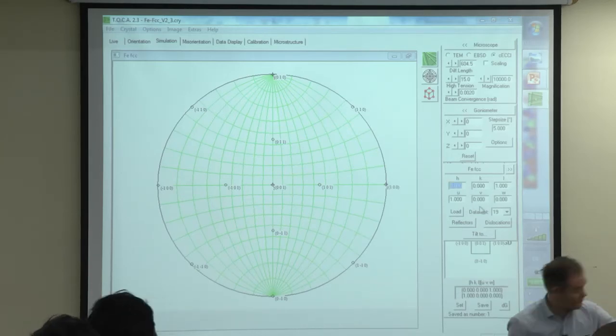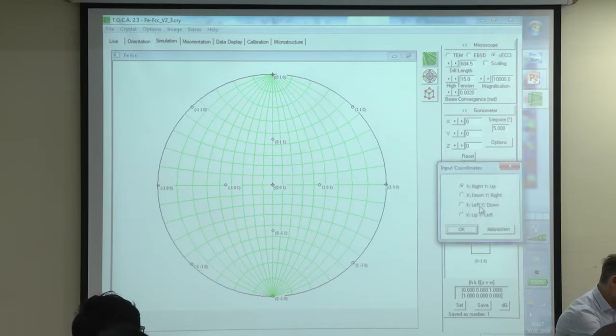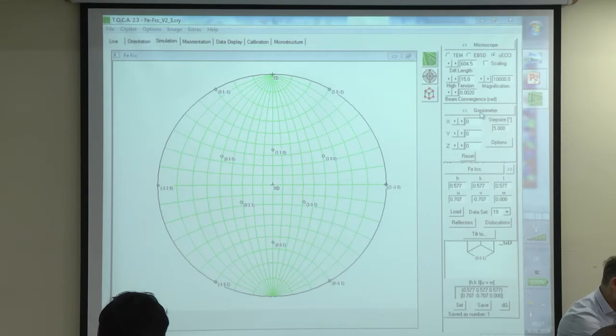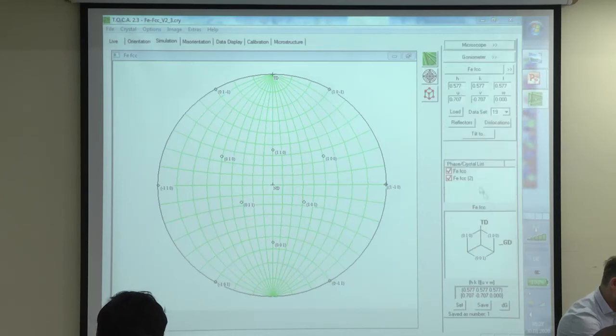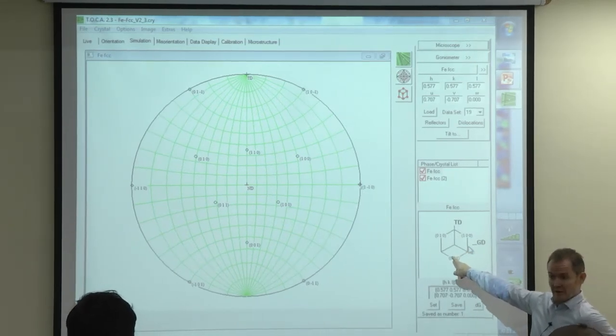What did I say? 111, 110. 111 for HKL, and 1 minus 1 0 for UVW. And let's click that away here. So that would be, here it is, the orientation of this 111, 110.